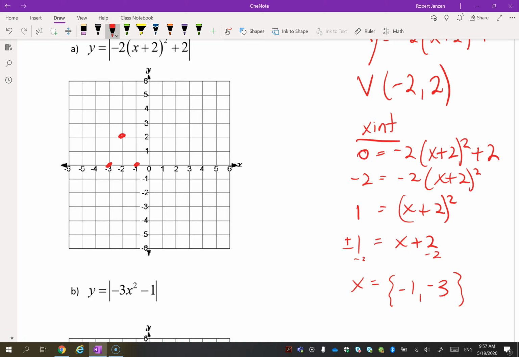Now hopefully that makes sense to you. If you know there's a parabola that opens down from here, you should know that it's going to be symmetrical and that the x-intercepts should be the same distance from the vertex on either side. So this looks good. Okay, the only other thing I should do is figure out what the y-intercept is.